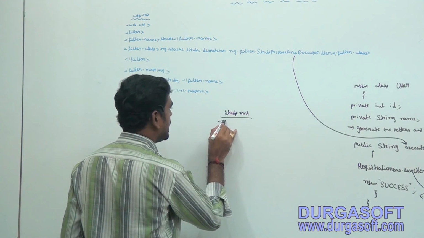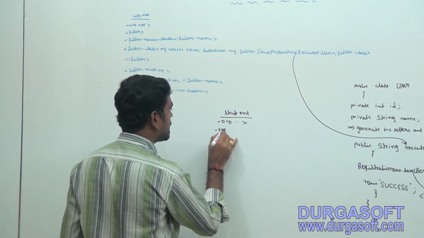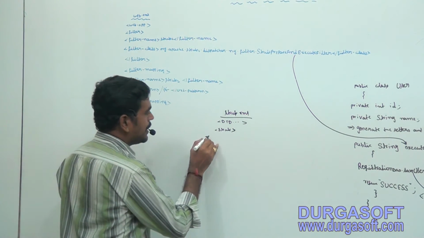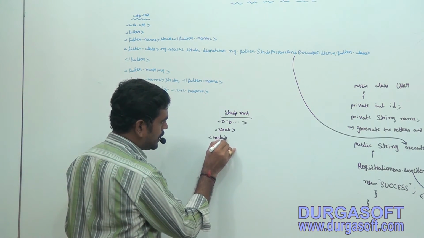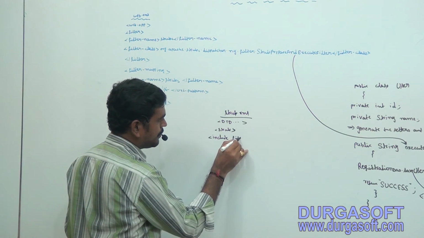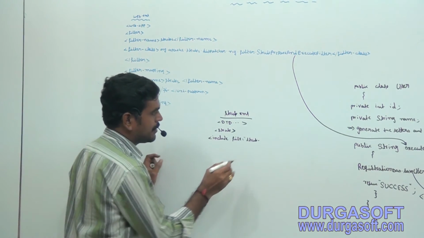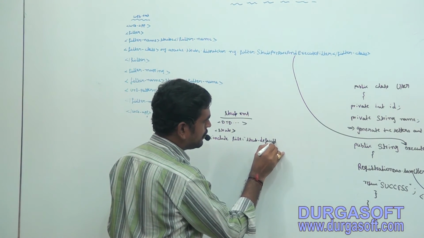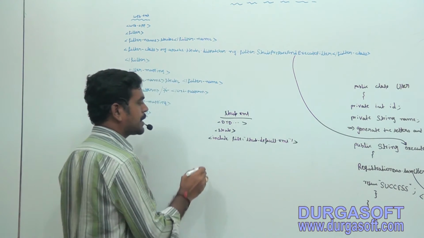First we have to take the DTD. The next, the root element called struts, and include file is equal to struts-default.xml.